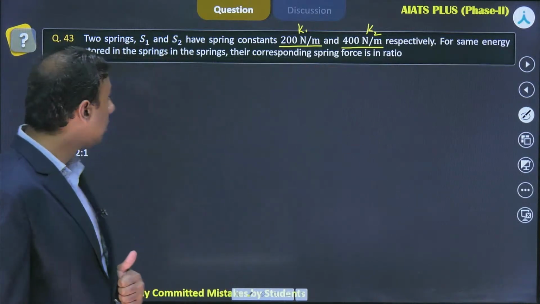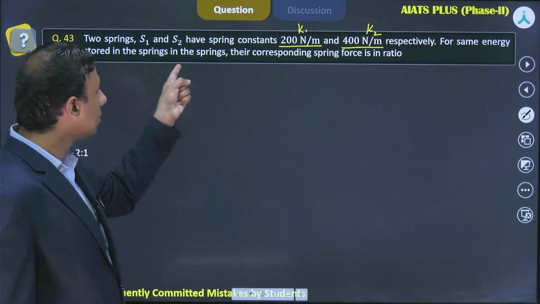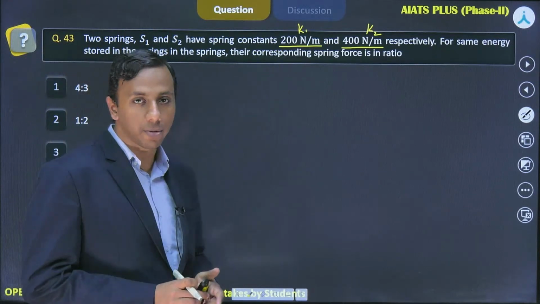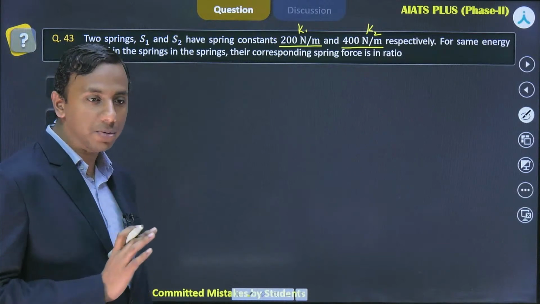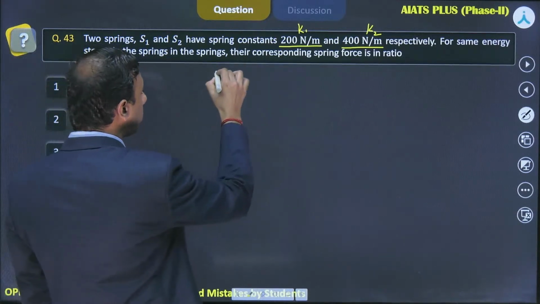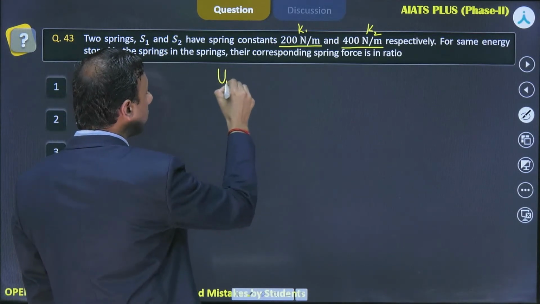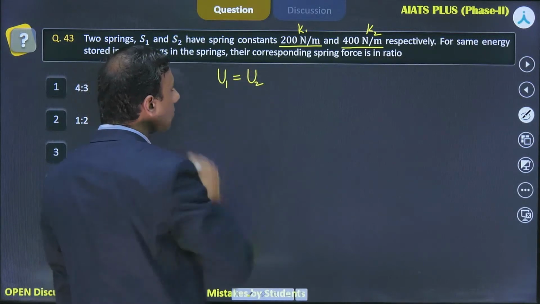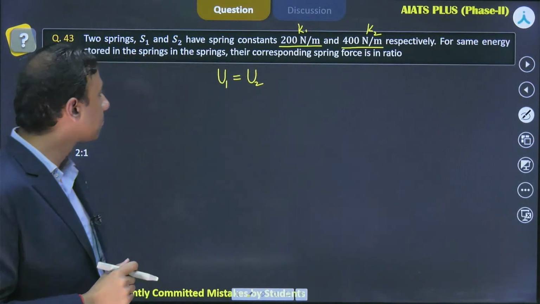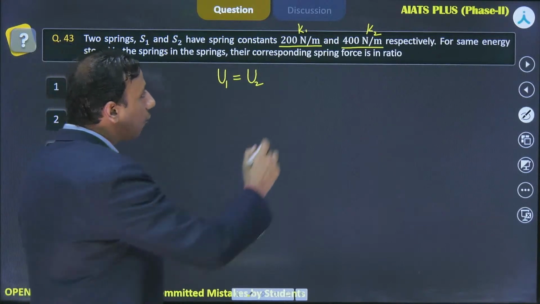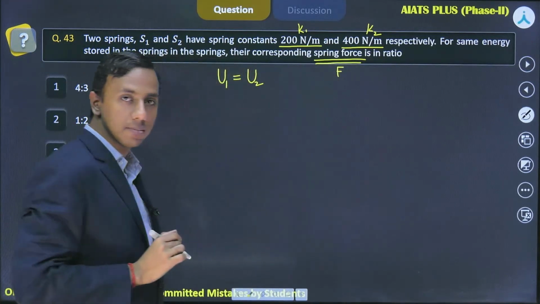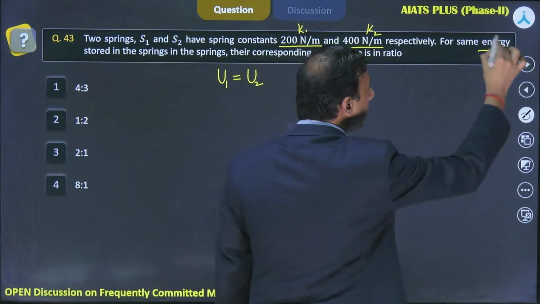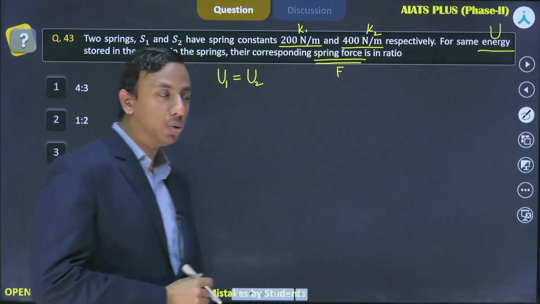For same energy stored in the springs, their corresponding spring force is in ratio. The corresponding spring force we have to find out. So same energy, meaning U1 is equal to U2, right? And what is spring force, by the way? Spring force is, let's say, F, and energy, I'm specifying it as U, right?